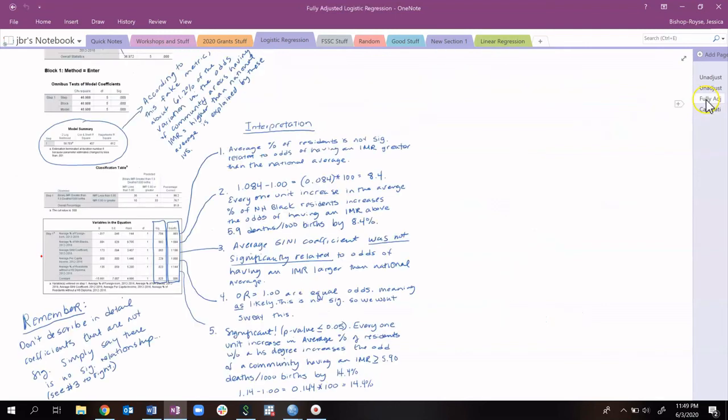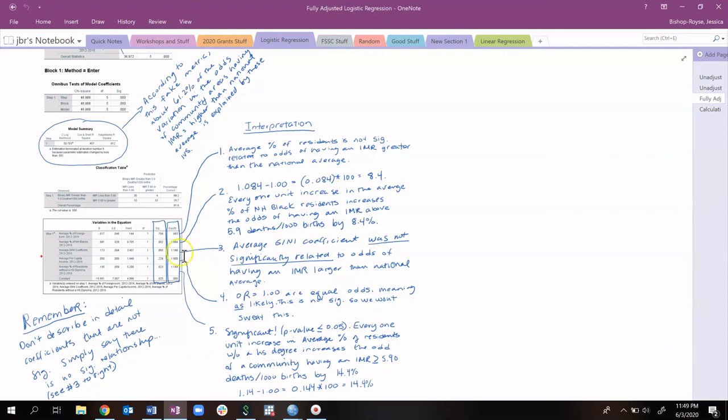Okay, so a fully adjusted logistic regression. I've got more notes here. With logistic regression, we find that there are two variables in the fully adjusted model that remain significantly related to the odds of having a community level IMR greater than 5.9 deaths per thousand births.